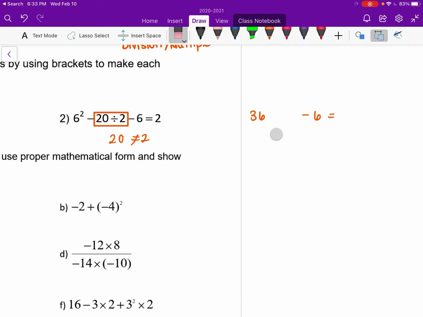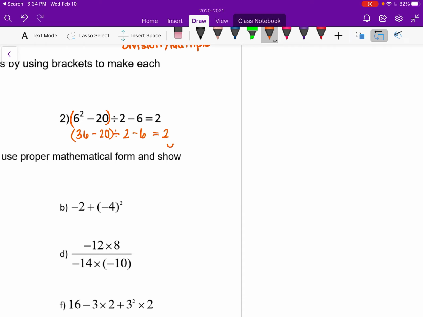That means that in order for this statement to be true, brackets go somewhere. I'm just going to start off and put brackets around the first 2 numbers because they look promising. So now I have 6 squared, which is 36, minus 20, divided by 2, minus 6, equals 2.